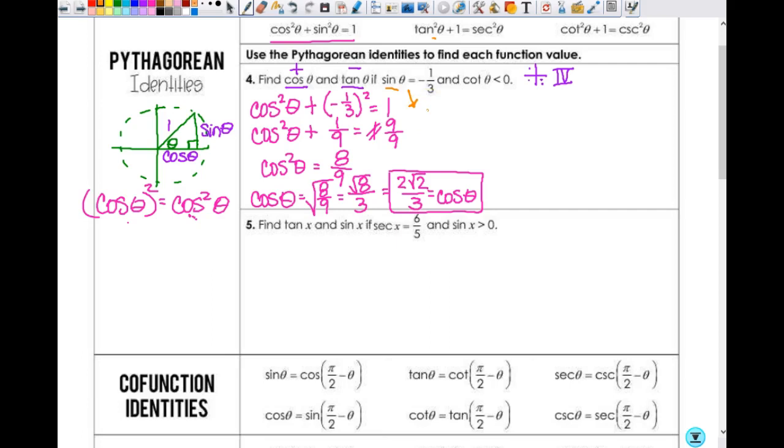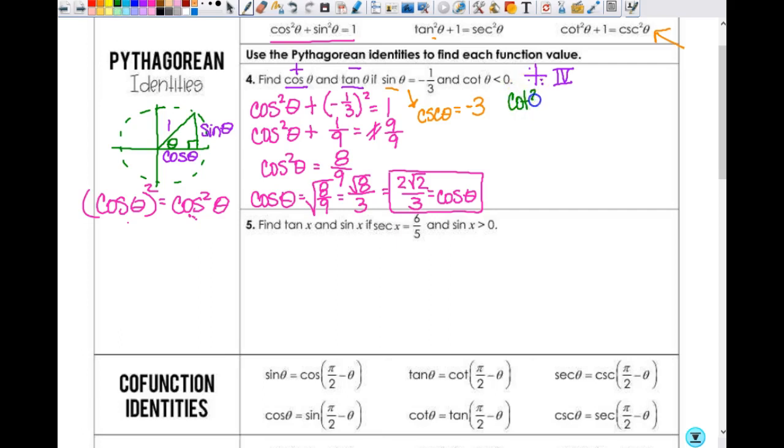So sine of theta could be changed into cosecant. If the sine of theta is negative 1/3, what's cosecant? Negative 3, right? Now, if you had a choice between using cosecant or cosine, which one's prettier? Cosecant for sure. So I want tangent in the end, but I can use this to get cotangent and then find the reciprocal. You with me on that? So we're going to use our cosecant in this Pythagorean identity.